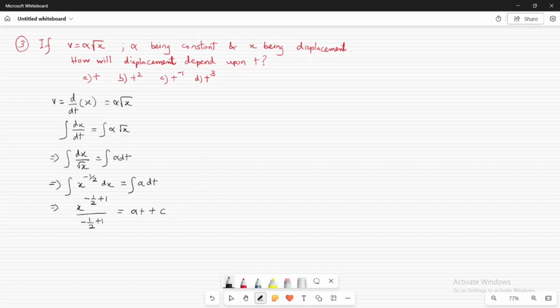Now keep in mind the basic formula: integration of x to the power n dx equals x to the power n plus 1 by n plus 1. This is what we have used in this section.